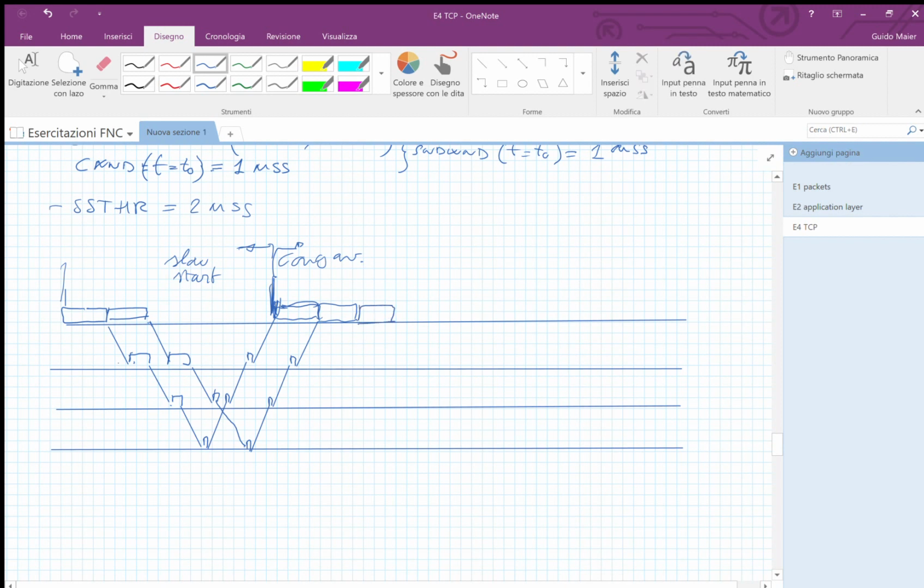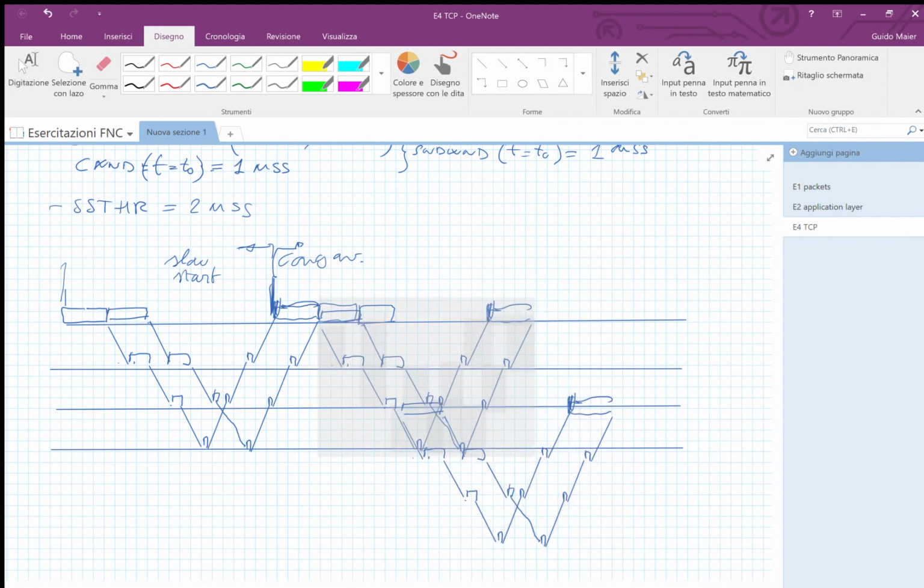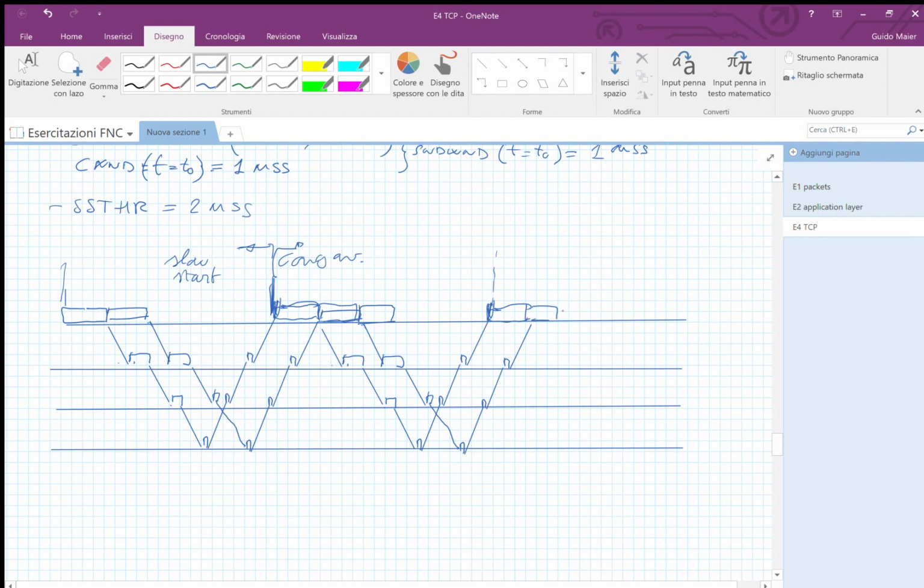So here we will have the transmission of 3 segments, and then in the next round trip time we will transmit 4 segments, because we are still in congestion avoidance. Now I don't draw everything, and so on.